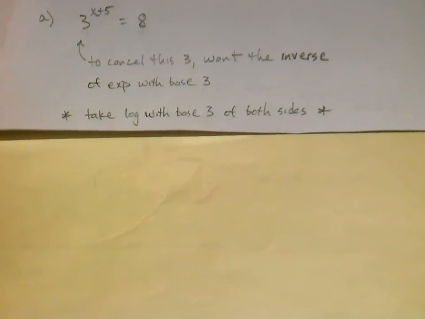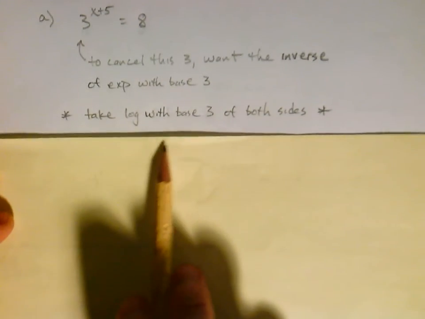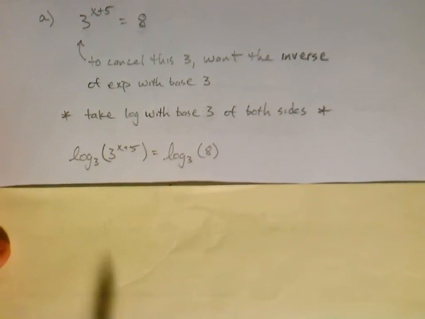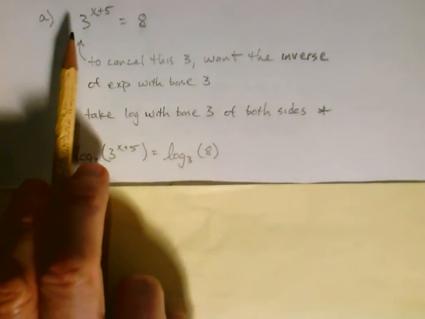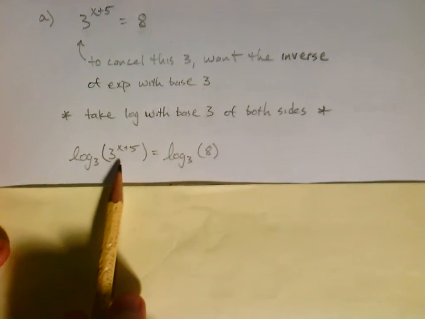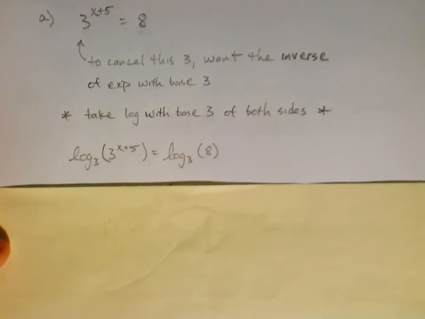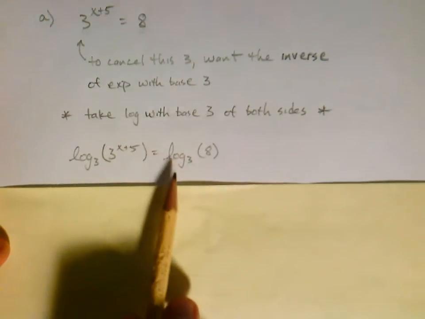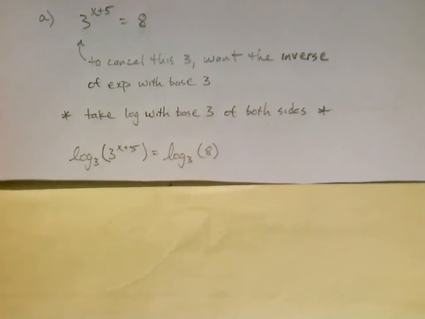Okay, so to take the log with base 3 of both sides, here's what it looks like. The log base 3 to my left, log base 3 of 3 raised to the x plus 5. If I do that to the left, I need to do it to the right. So we've got the log base 3 of 8. Now what good does that do?